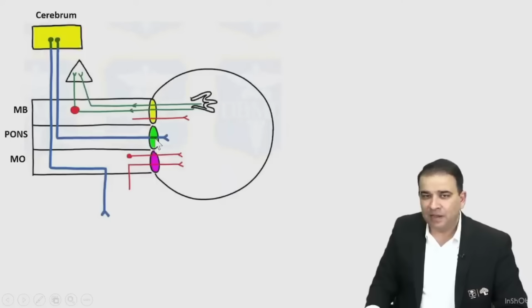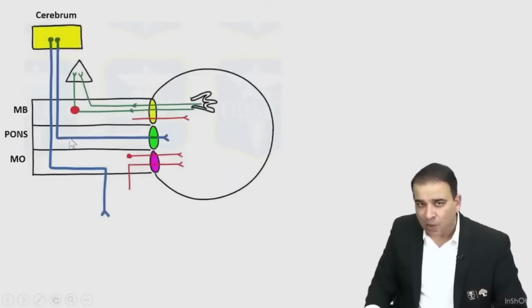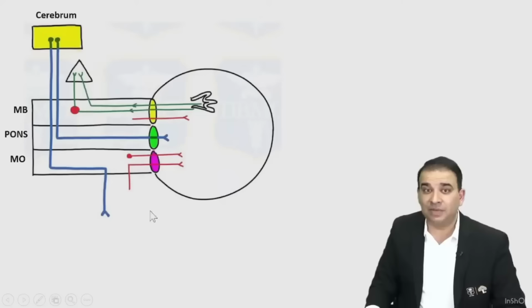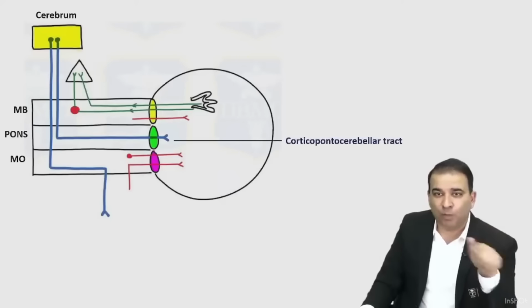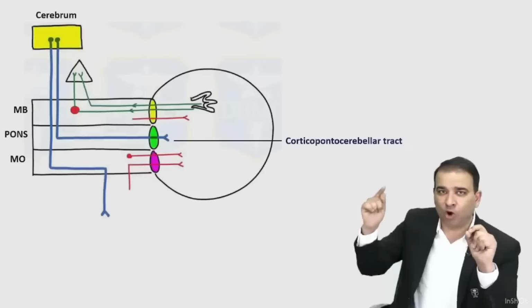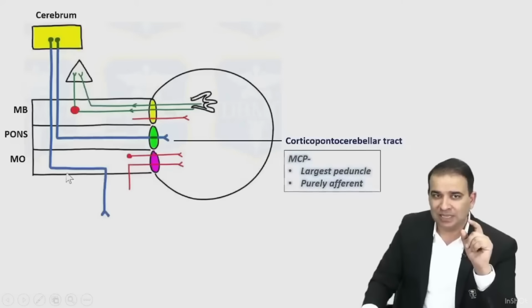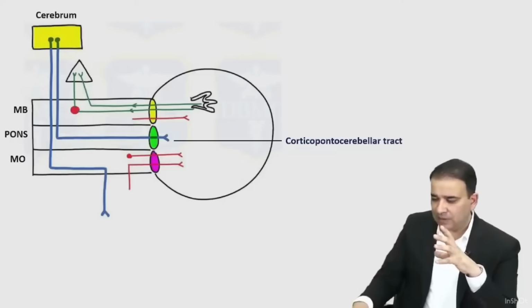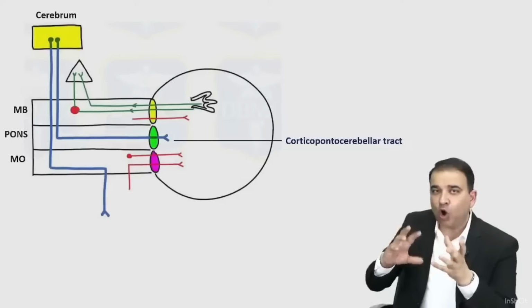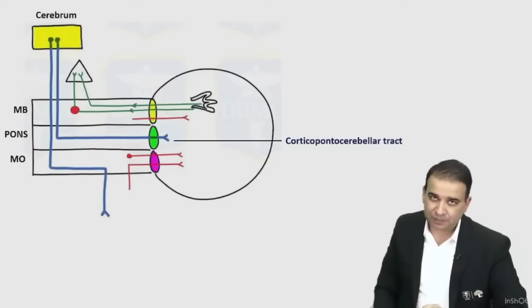The middle cerebellar peduncle is basically allowing one major tract to come inside, and that is called the cortico-pontocerebellar tract, guys. The tract is coming from the cortex, then obviously to the pons, and then from the pons it is coming into the cerebellum. We call it the cortico-pontocerebellar tract, and this is the copy of the corticospinal tract.